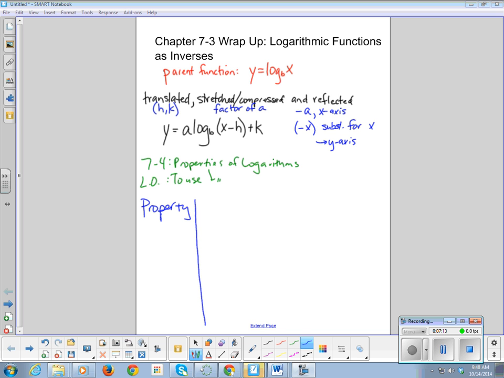So we get the property, the equation, and the example. I'm going to need more room.